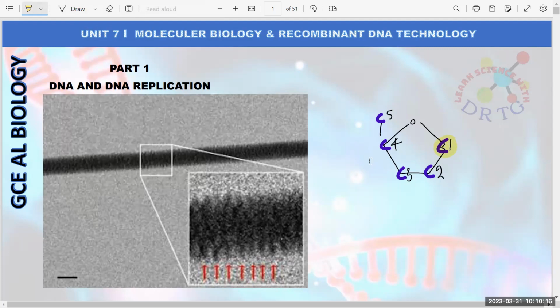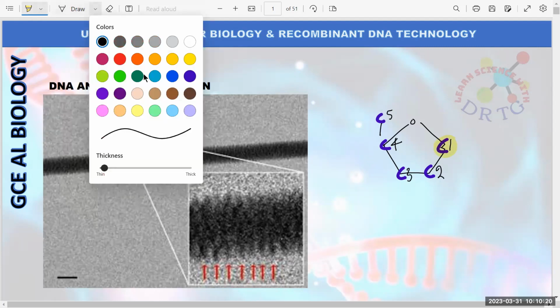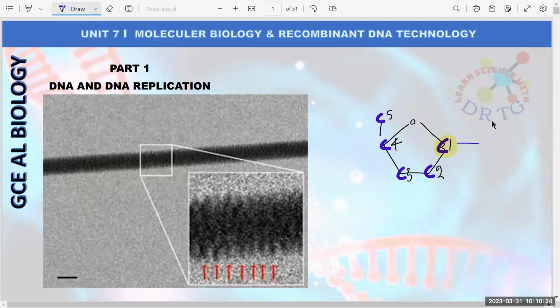Why is it important? Between carbon number 1 and the nitrogenous base, there is a bond. I just represent one nitrogenous base like this. This is a nitrogenous base. Carbon number 2 is also important.